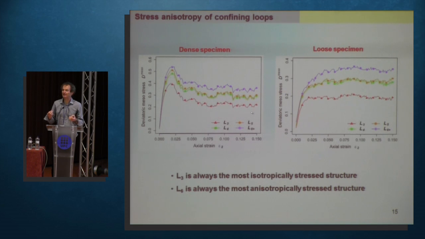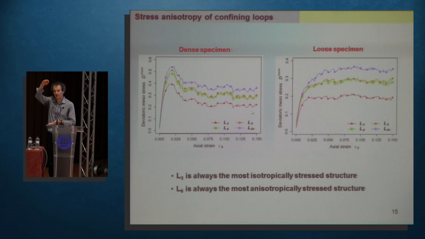Anisotropic means that even though you have a very important axial force applied to this structure, the lateral force will be smaller if you have an important number of grains. This is no longer true if you have a small number of grains, typically 3 grains.